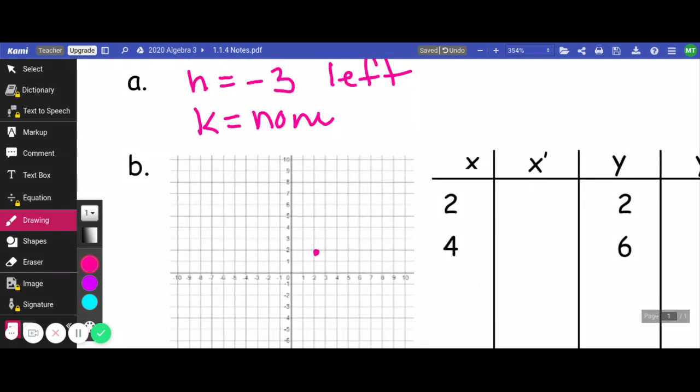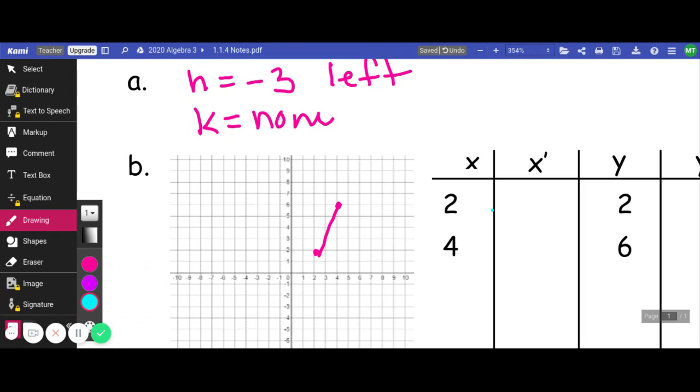Okay, so now 2, 2 and 4, 6. Here is my original graph. Remember that H affects only the x values.